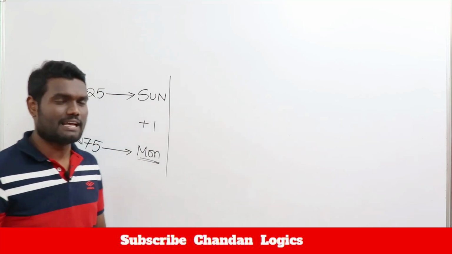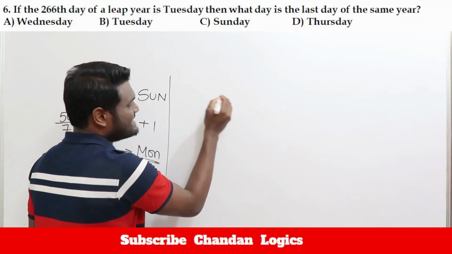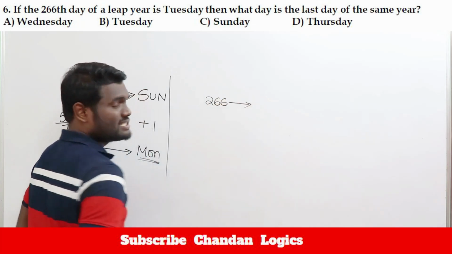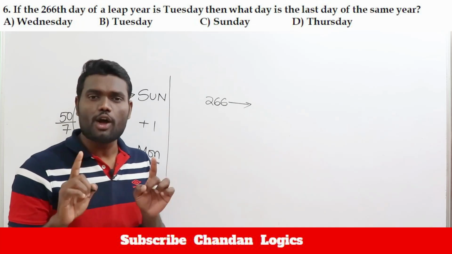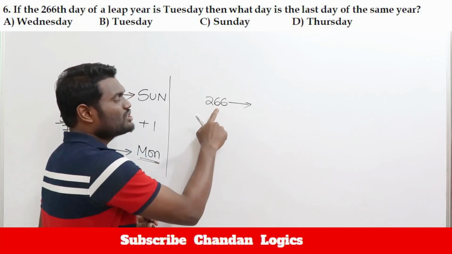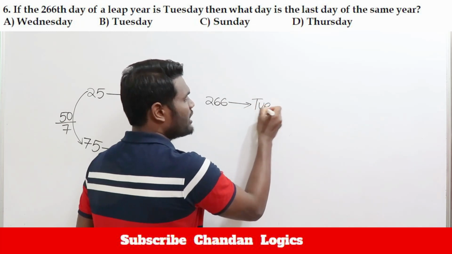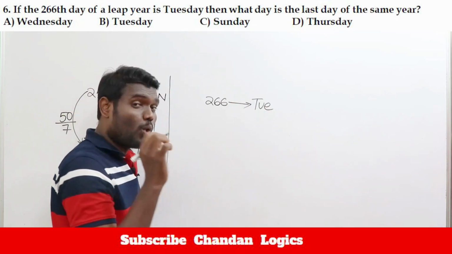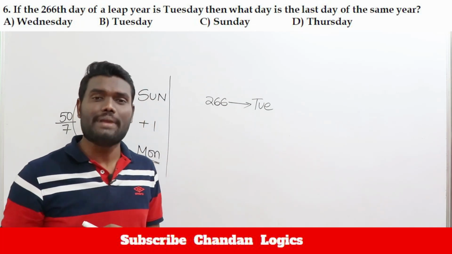Let us look at one more example. Let us say, if the 266th day of a leap year is Tuesday, then what day is the last day of the same year?